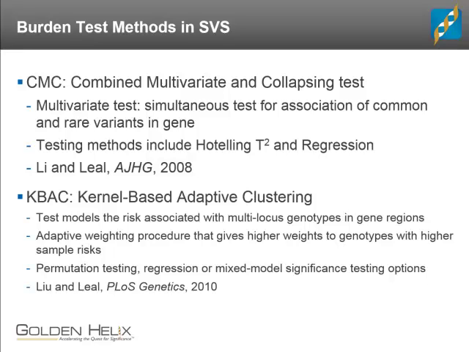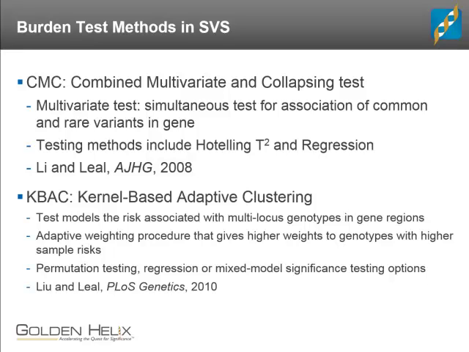Within SVS, there are 2 options for running that. There's the standard method that uses more of an asymptotic distribution for determining significance. There's also a regression-based method that allows you to incorporate additional covariates in the test.